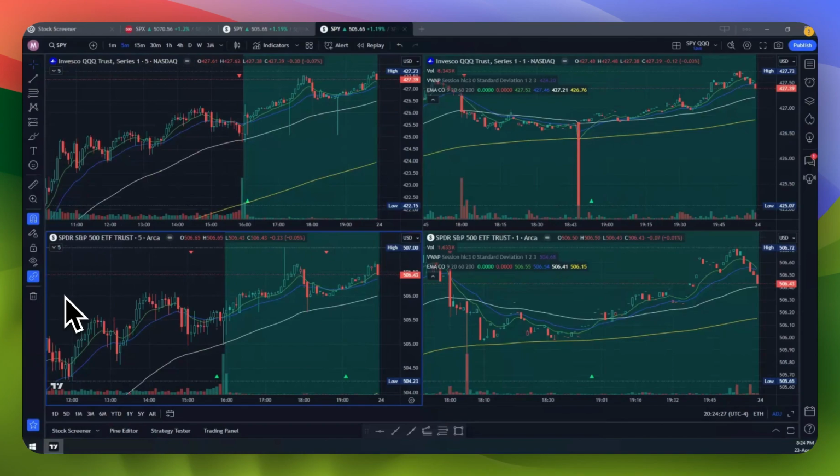Even when I'm duplicating the tab, it's not opening up with the EMAs. But anyway, let's just do it the other way around.